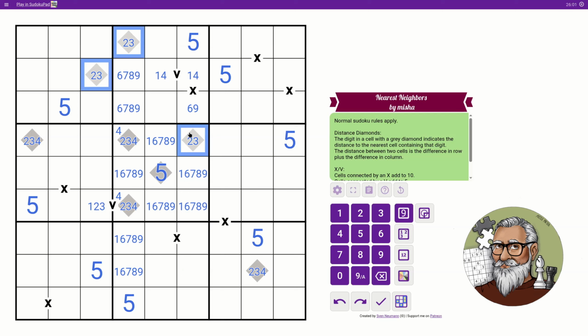I don't think that's a problem. Well, actually, this becomes a 4, 1, right? This becomes a 3. And this becomes a 4. Even that I don't think is an issue.